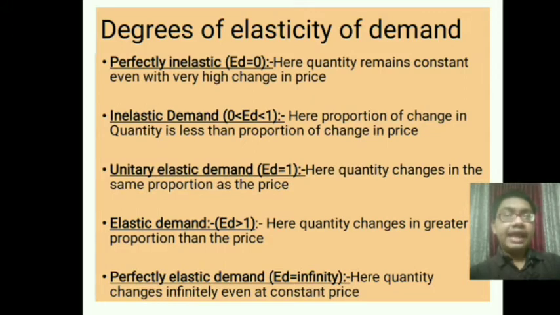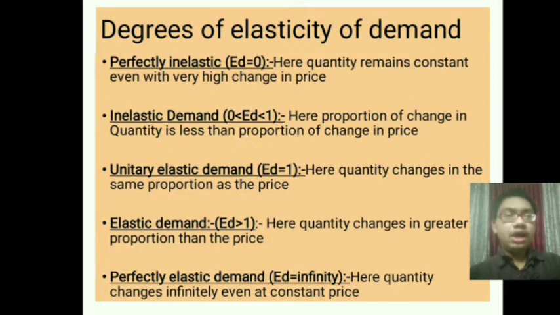Now, the next degree is inelastic demand. Here, quantity demanded will change as price changes, but the proportion of change in quantity will be less than the proportion of change in price. Here, elasticity will be between 0 and 1.